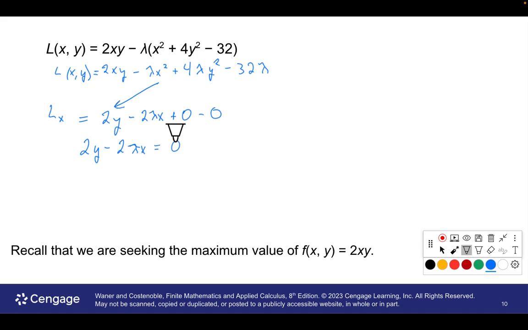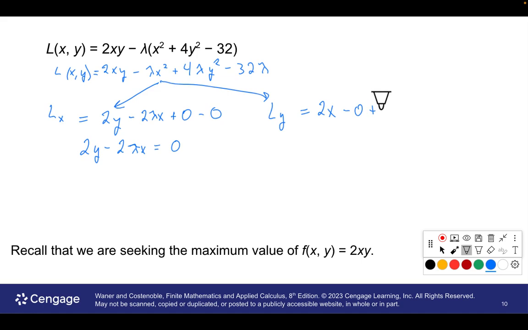The other one we're going to do, because we have both an x and a y in there, is L with respect to y. For 2xy, the derivative with respect to y gives us 2x. The derivative of lambda x squared is 0 because x is a constant. The derivative of 4 lambda y squared is, the 2 comes down, 2 times 4 is 8.